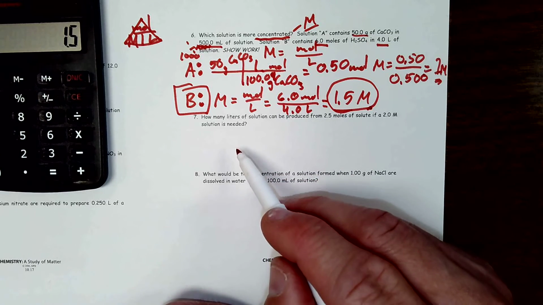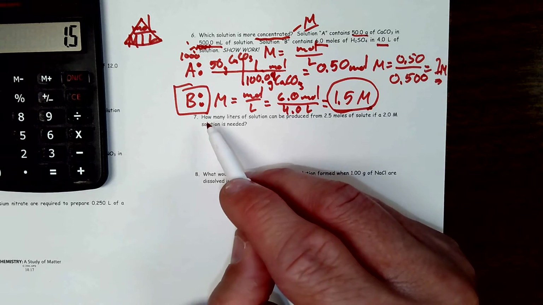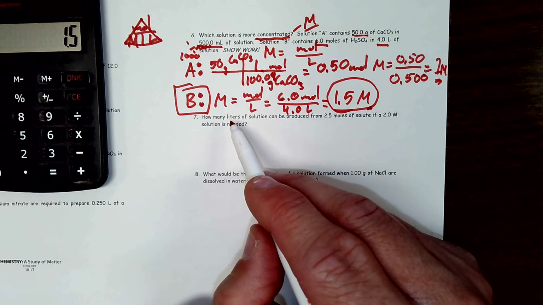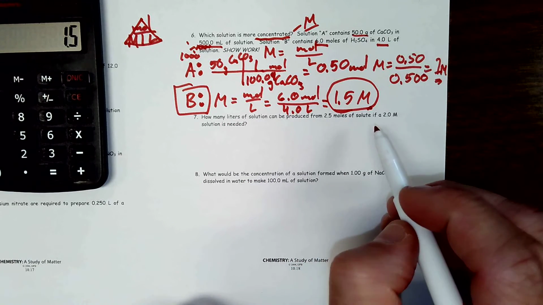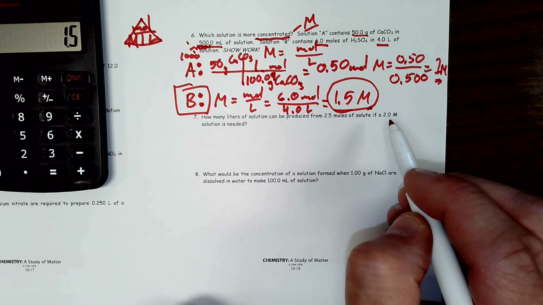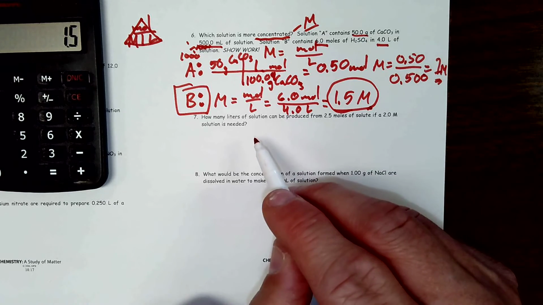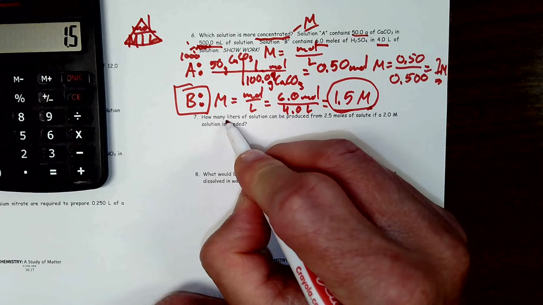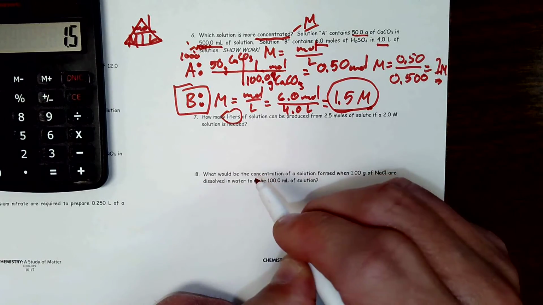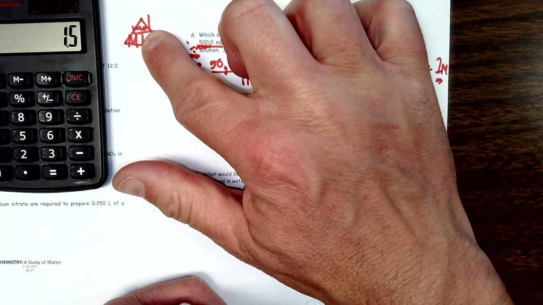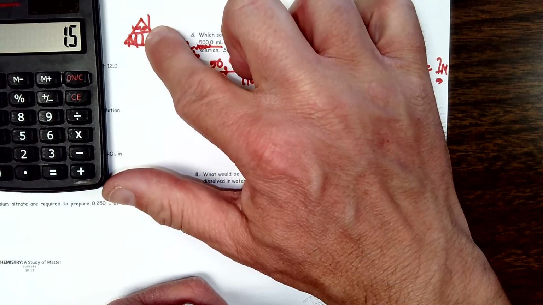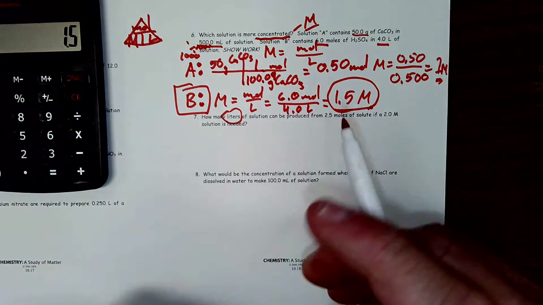We're going to do at least one other problem. Number 7 asks us how many liters of solution can be produced from 2.5 moles of solute if a 2 molar solution is needed. So it's asking us to find liters. Using this equation, when I cover up liters, I find that liters is equal to moles over molarity.